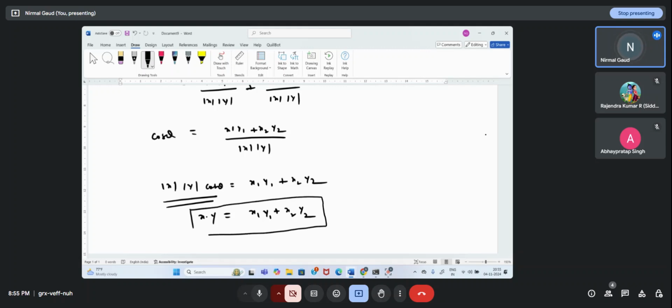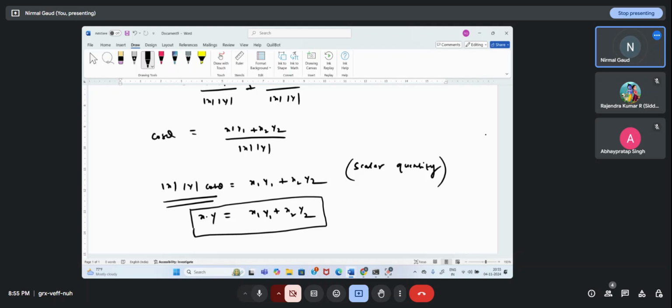The dot product between the two vectors is the product of their terms which are in the i and j directions. Obviously, dot product is a scalar quantity. So here you are getting a scalar quantity only, that means a number.